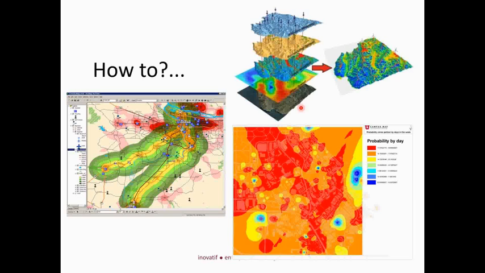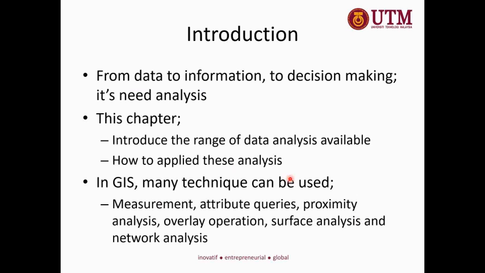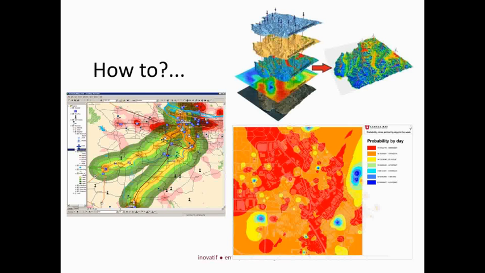Here we can overlay five layers of data to become a new layer, and see the most suitable area for the surroundings or for the certain analysis that we want. We can also do probability analysis and see what hotspots can be found. These are some examples.